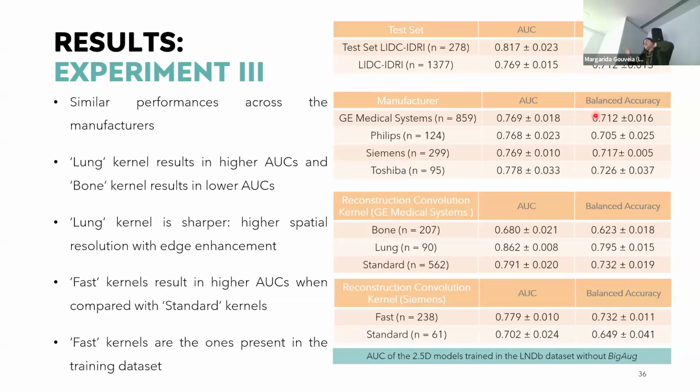The other factor that I also analyzed is the reconstruction convolution kernel. Basically, when the images are acquired, according to the type of body region that the physician wants to analyze, the machine applies, in the process of reconstruction, some kind of pre-processing that can highlight some regions.